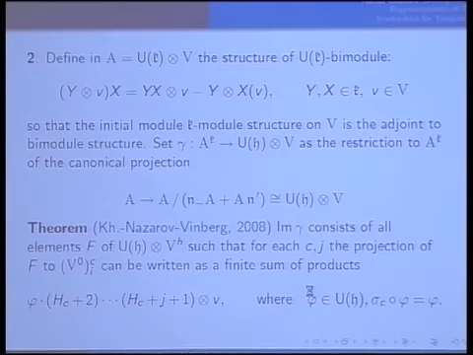And then we can construct this map by the same way as for Harish-Chandra. So we need now only the structure of a U(k) bimodule in this map, nothing more.